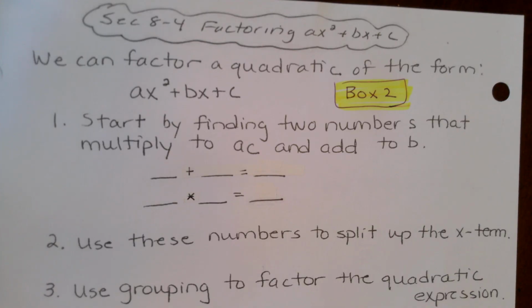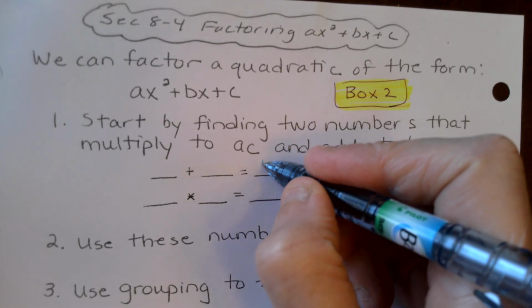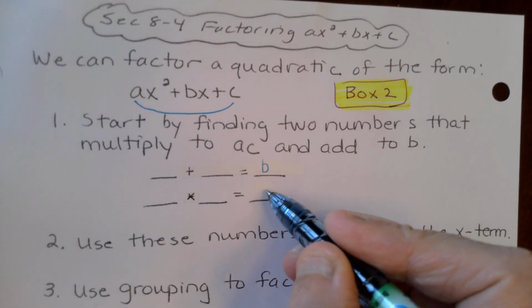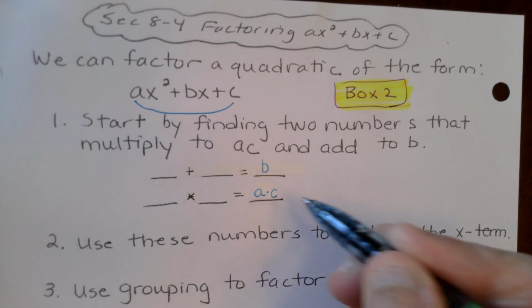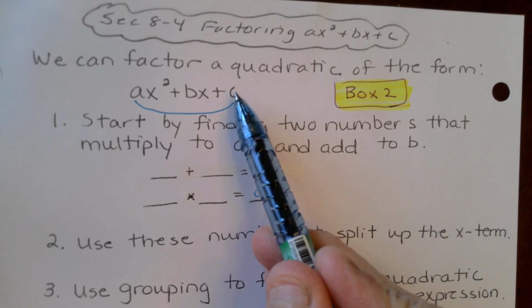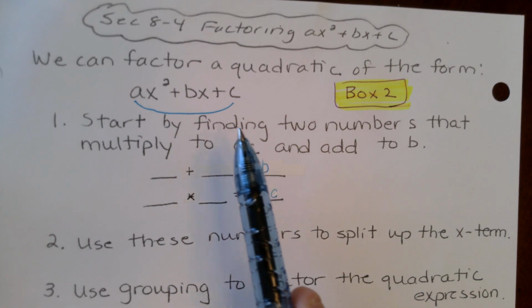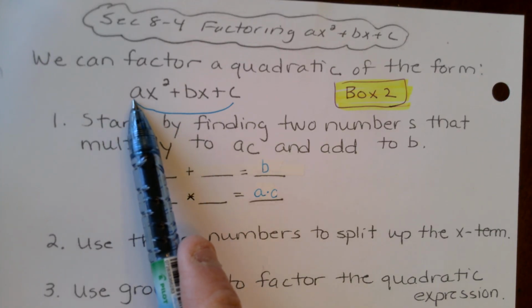And what's going to happen is it's what two numbers add to give you the B, but multiply to give you A times C. So we aren't just going to pull the C anymore. We have to multiply it by that number, because this would have worked before too, but the number was always 1, right?